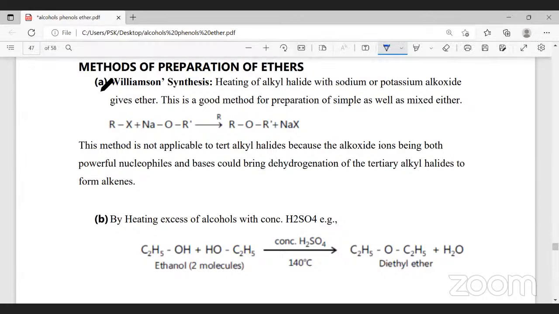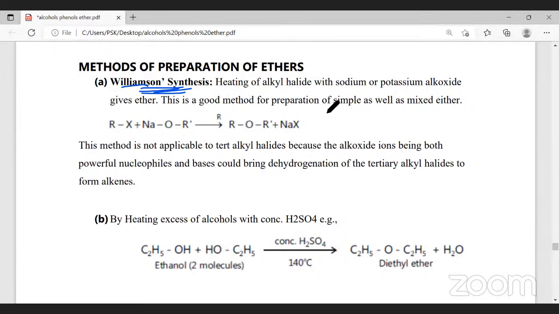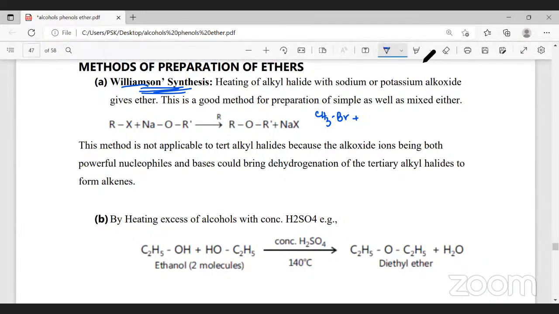Now, methods of preparation of ether. This is an important question. Williamson's ether synthesis. This Williamson's ether synthesis is simple. Now, an alkyl halide, for example, we'll take a simple alkyl halide, that is methyl bromide. This alkyl halide is allowed to react with sodium or potassium alkoxide.